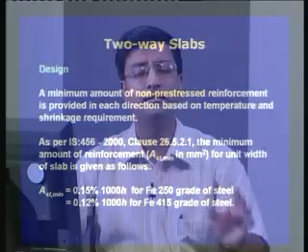Here we are considering a unit width of the slab in each direction, and hence the breadth is equal to 1000 millimeters, and the reinforcement is based on the total cross section of the unit width of the slab.